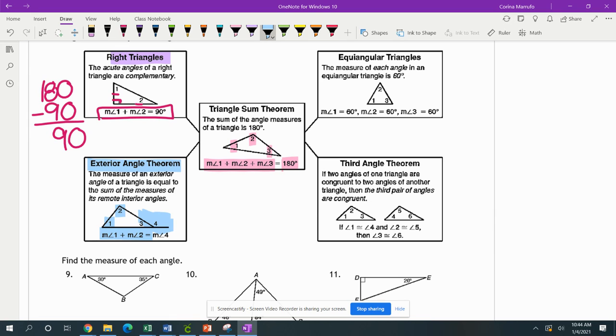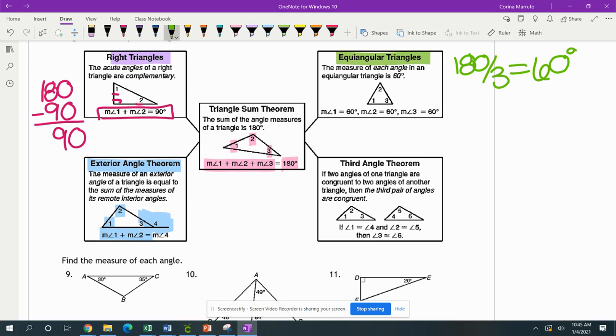Next is the equiangular triangle. When all the angles are equal, and we know the three angles of the triangle should add up to 180, we divide it into three equal parts, and that gives us 60. So when it's equiangular, every angle is going to be 60. Okay, so that's how they get this one.